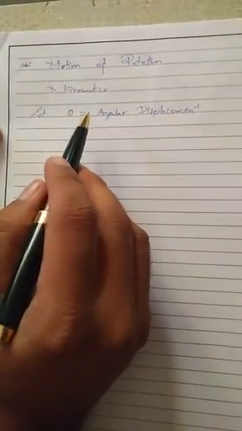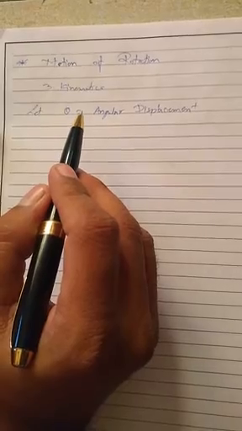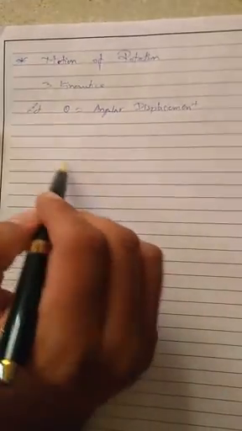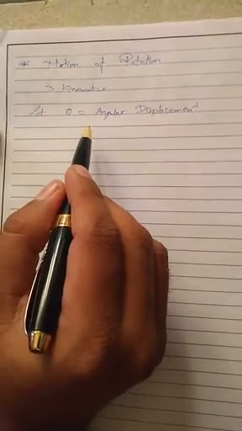Motion of rotation is generally used for flywheels or motion of cams. The body is having rotation. For that, we use these three equations.